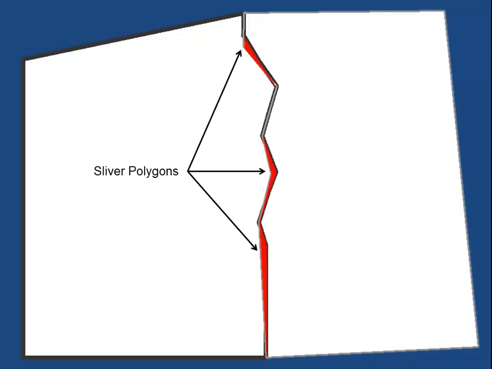The sliver polygons created between these two input data sets are going to be highlighted here in red. The sliver polygons are probably insignificant and are the result of data sets being produced by different agencies or created at different times and probably at different scales. And it's really up to you to determine how you would like to solve the sliver polygon problem.